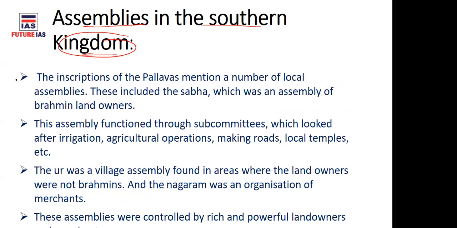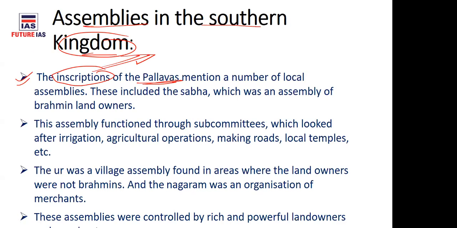Okay, so we came to know about those assemblies in the southern kingdom through the inscriptions of the Pallavas. I told you inscriptions are the messages which were inscribed on hard surfaces. These hard surfaces may be stones or metals. The Pallavas were a dynasty which also inscribed such messages on hard surfaces.